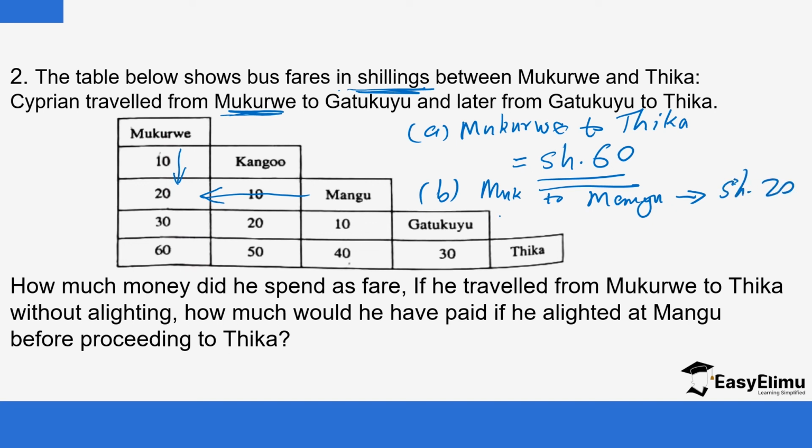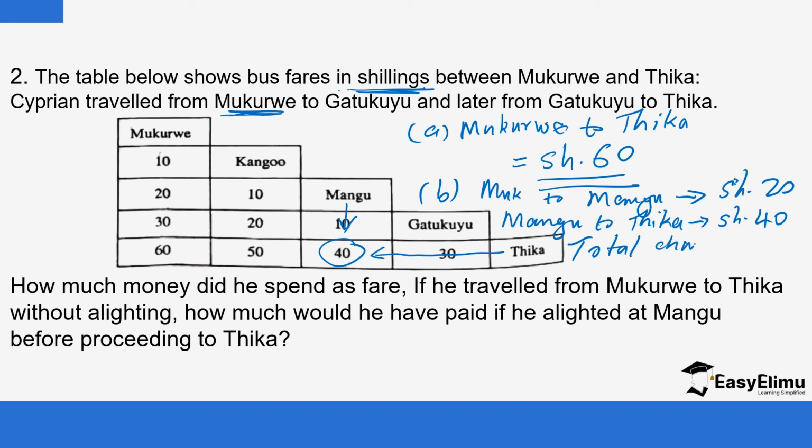How about Mangu to Thika, because their final destination is Thika? They're supposed to be reaching Thika. So Mangu to Thika is here. So that is how much? 40 shillings. So the total charge should be 60 shillings.